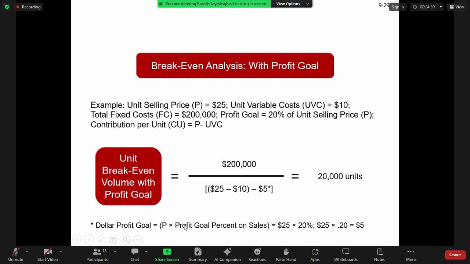So you can see the calculation down, right? P is the profit, unit price into profit goal percent on sales. So 25 into 20% of the unit price. So that means $5. So $5 coming here. When you use that formula, you can find 20,000 units should be produced to get a 20% of the profit goal.